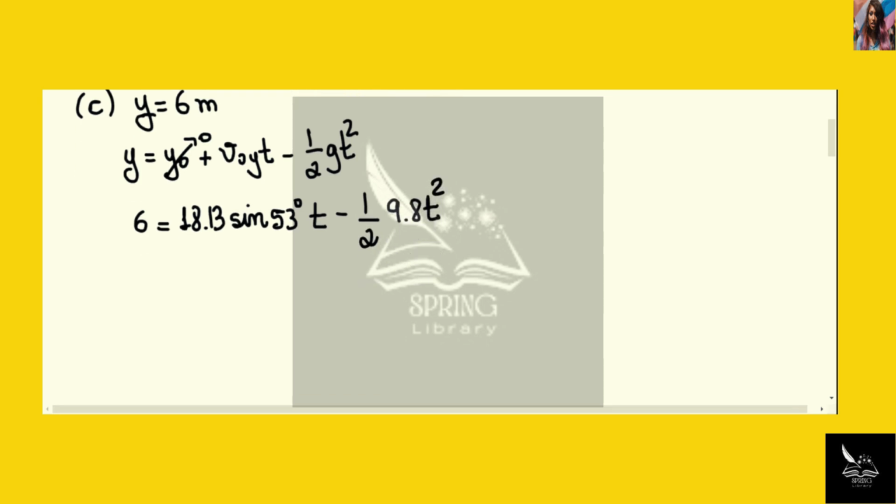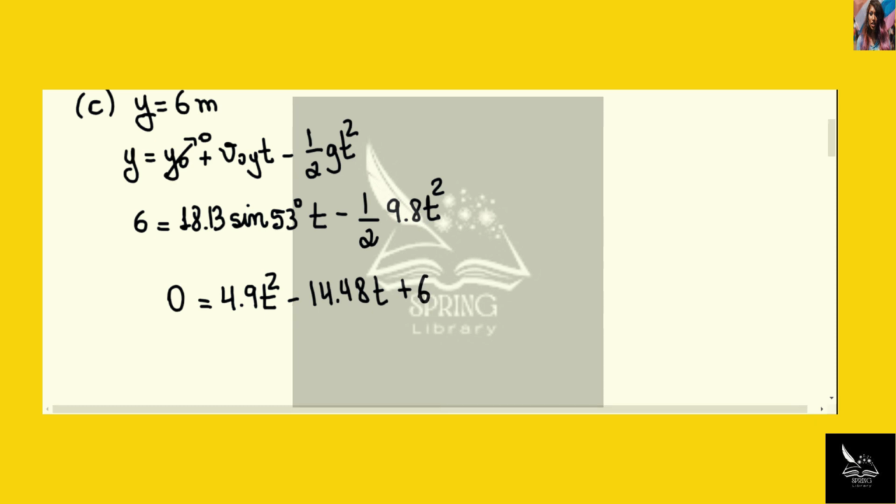So I'm just gonna simplify this a little. I'm gonna write this as 4.9 t squared minus 14.48t plus 6, equal to 0. Notice that I'm multiplying it all by -1, and 14.48 is 18.13 times the sine of 53.